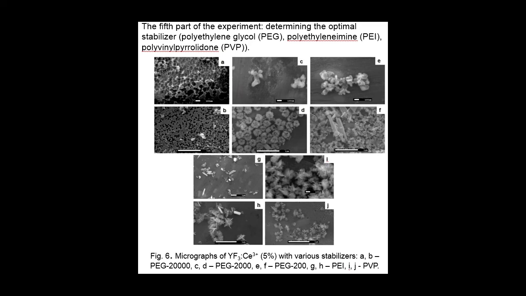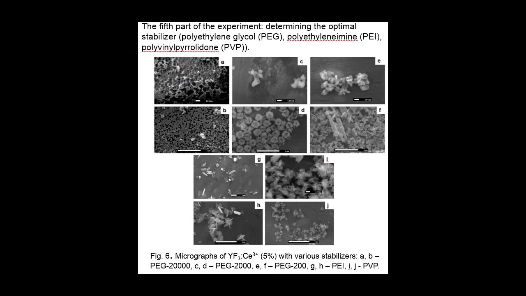Samples with polyethylene glycol 20,000 and 200 have the best size and morphology. In the case of polyethylene glycol, you can see the particle shape is very close to a sphere. In the case of polyethylenimine and polyvinylpyrrolidone, you can see particles with sharp edges, which are quite toxic for the body.